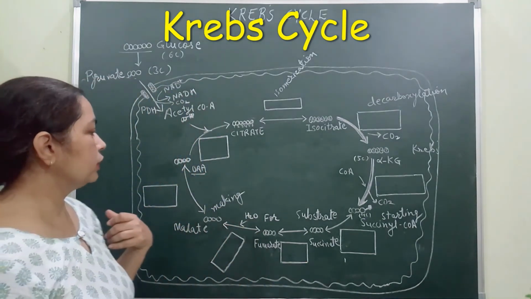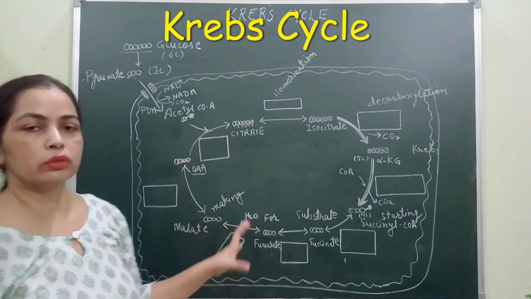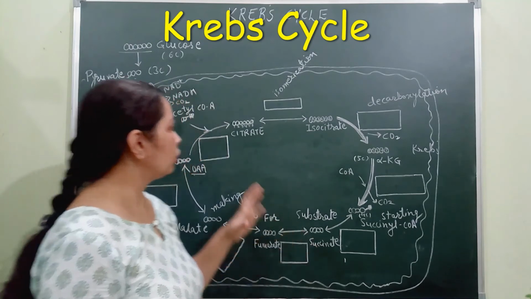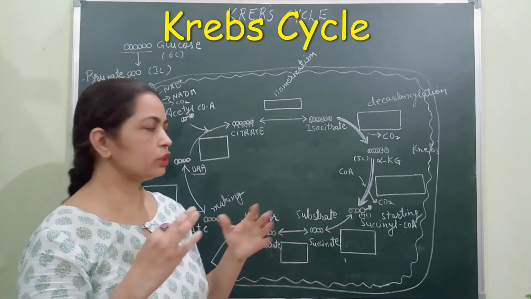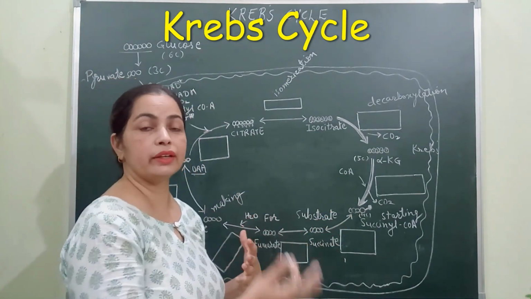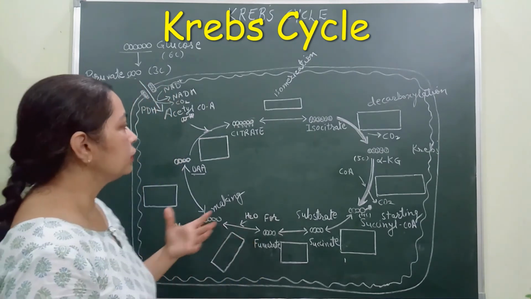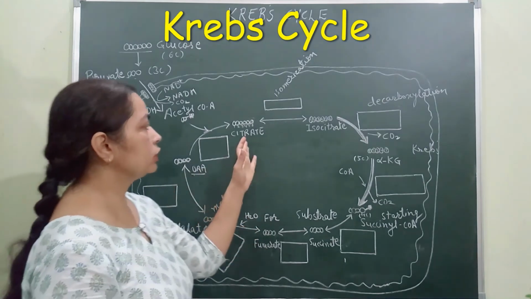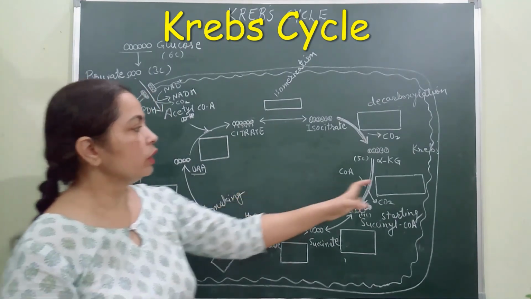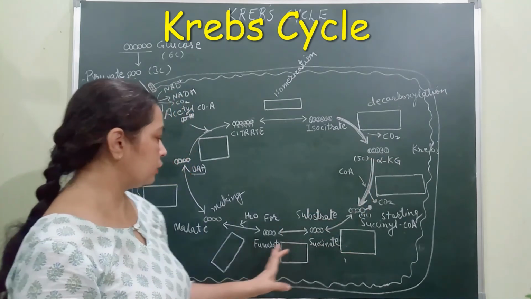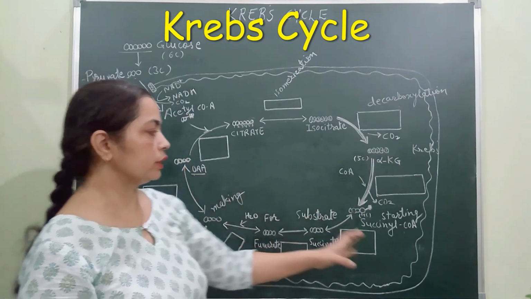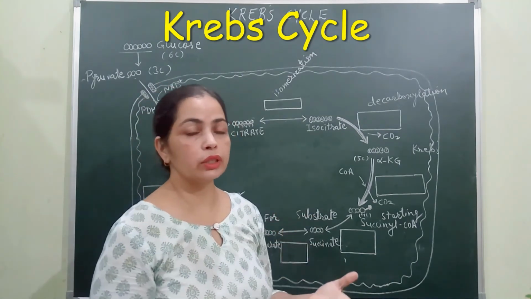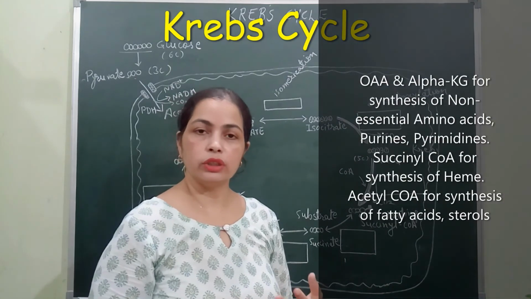Now the next important thing that I want to discuss here is that the Krebs cycle is a central metabolic pathway. Why do we call it so? Because I want to connect the substrates we have seen here with other metabolic pathways. The substrates produced here, like citrate, alpha ketoglutarate, succinate, fumarate, malate, oxaloacetate and succinyl coenzyme A, act as substrates for the synthesis of other biomolecules like fats and non-essential amino acids.